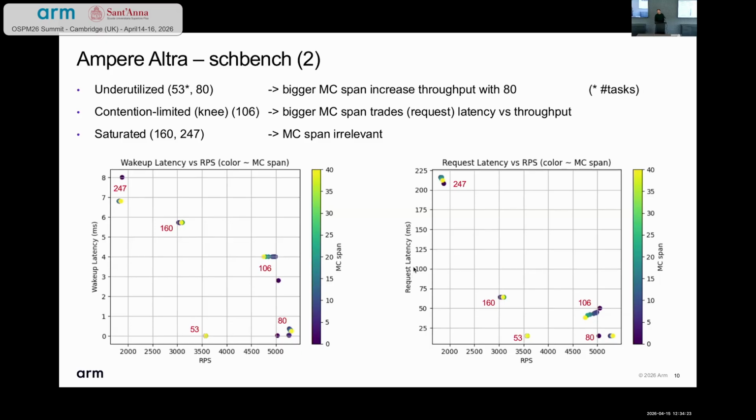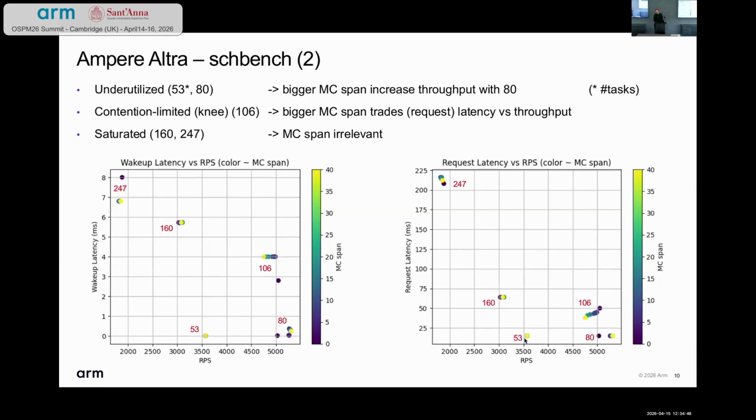So also the request latency stays constant, and you get a little bit more requests per second. If you switch to this contention-limited issue with 106 tasks, you see kind of the opposite. You trade off essentially RPS against request latency.